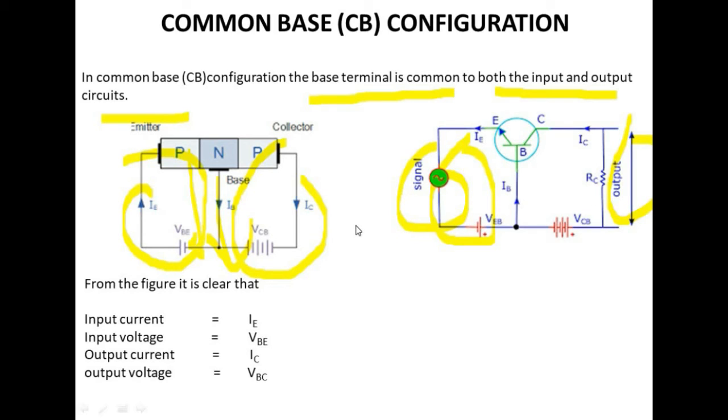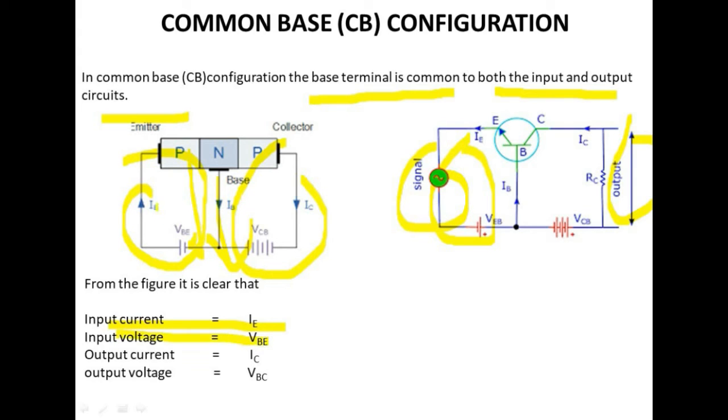Important thing is that we should know what would be the input current, input voltage, output current and output voltage in this configuration, meaning common base configuration. From the figure it is very clear that the input current is IE, because emitter current is flowing in the input side.